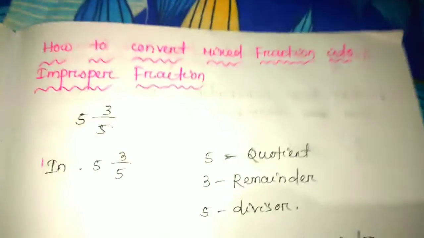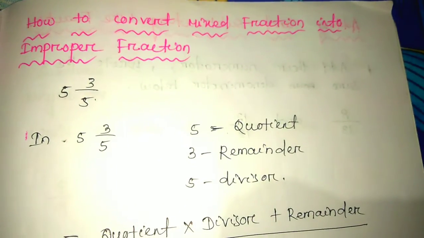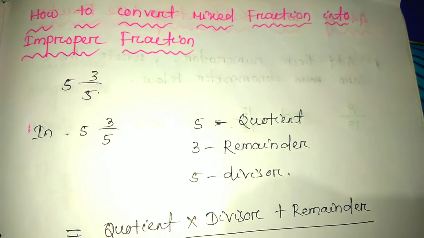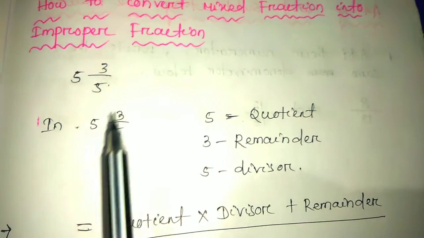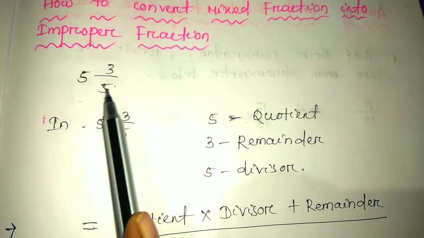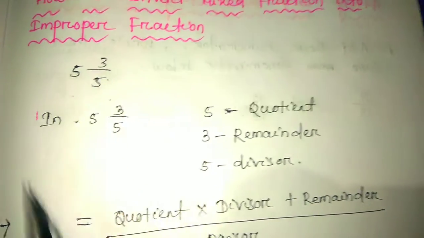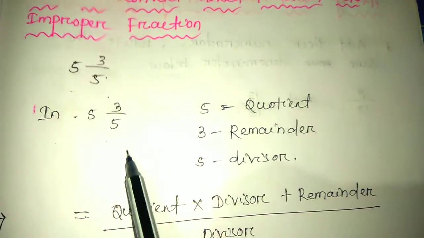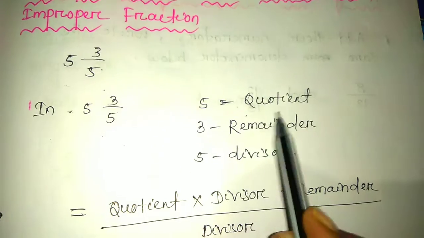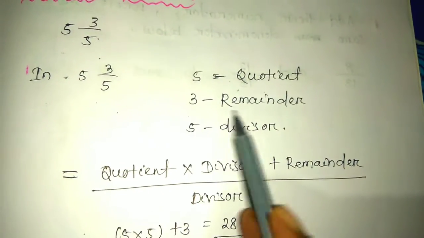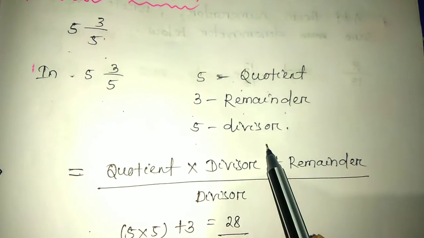Now we will see how to convert a mixed fraction into an improper fraction. So our given fraction is 5 whole 3 by 5. In 5 whole 3 by 5, 5 is the quotient as you know in the previous question, and 3 is the remainder and 5 is the divisor.